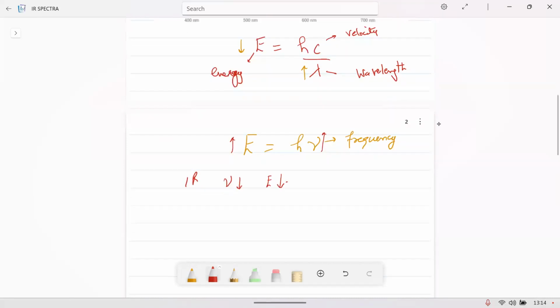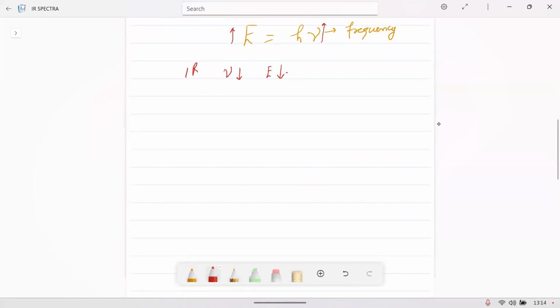Now, why are we going into this? The reason is, when you have a molecule, let us say, for example, a water molecule, and you supply some energy to it, forget the infrared for now. What is going to happen to it?